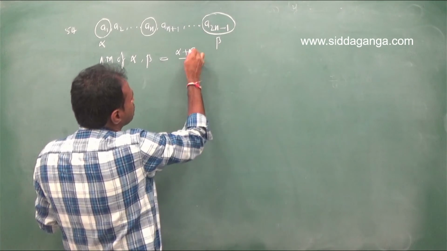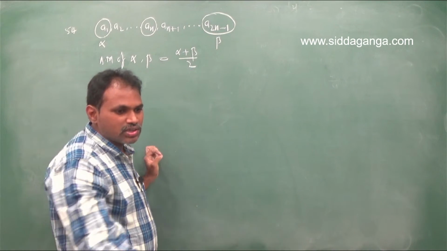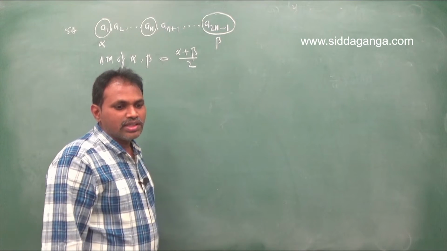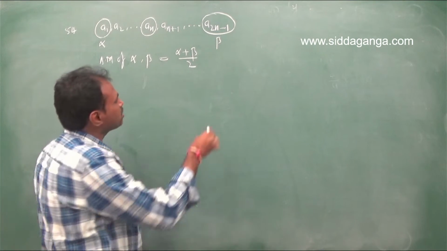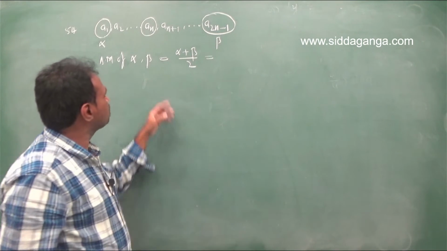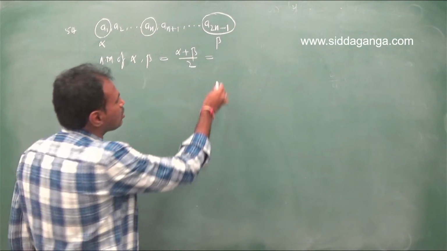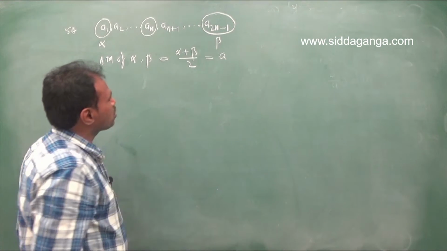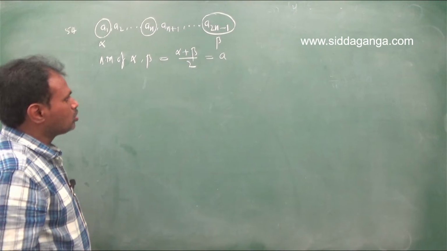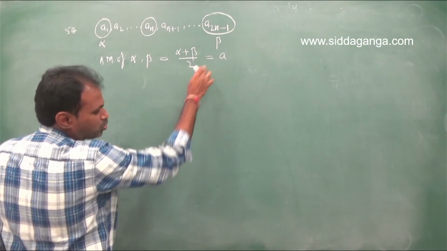It is already given that the nth terms are a, b, c respectively. Therefore this arithmetic mean of alpha and beta is equal to the nth term, which is a. So (alpha plus beta) by 2 equals a.